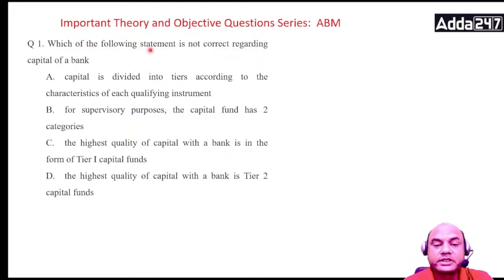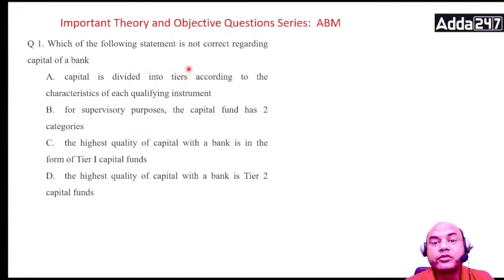Which of the following statements is not correct regarding the capital of a bank? Firstly, what is the capital of a bank? This is there in your ABM and BFM also. Capital is divided into tiers according to the characteristic of each qualifying instrument. There are two types of capital generally: Tier 1 and Tier 2.